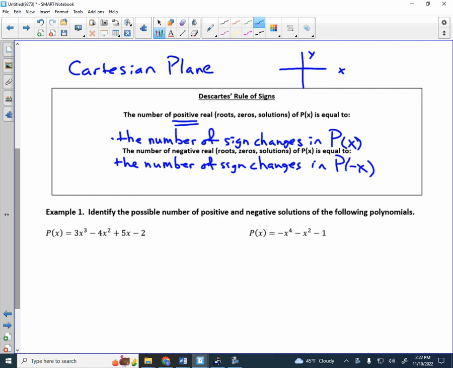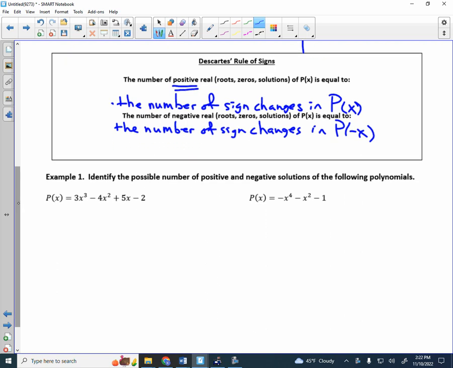So for the top one, we look at P of x. For the bottom one, we look at P of negative x. And for both of these, we say or less than by a factor of 2. I'll explain what that means in a second.